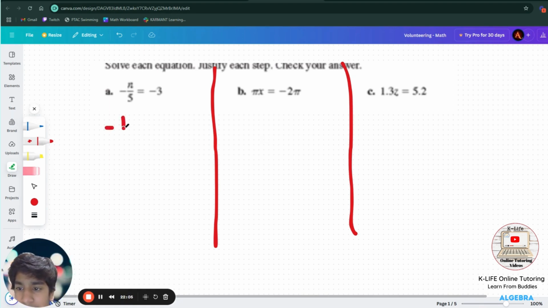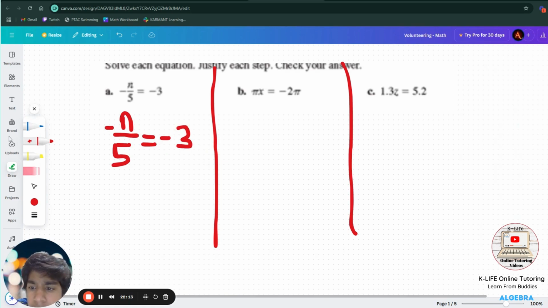So we have negative n over 5 equals negative 3. In this case, what you want to do is isolate the n and give it a value.